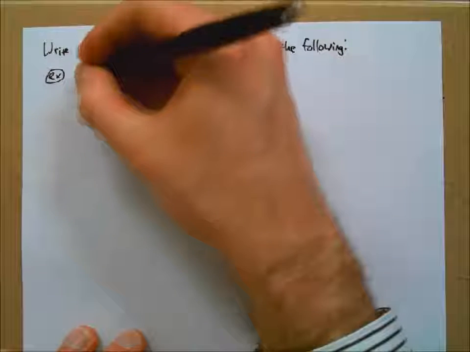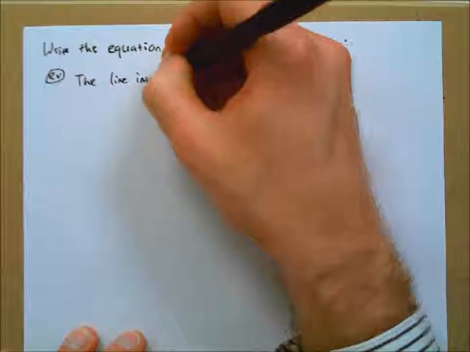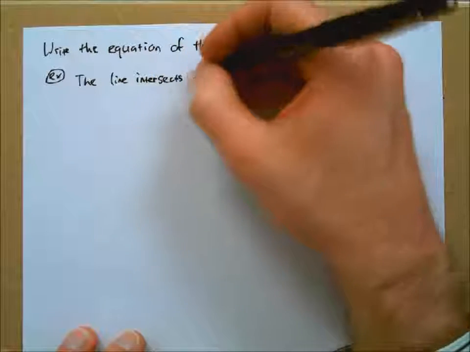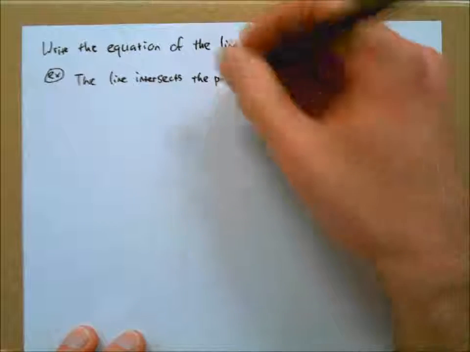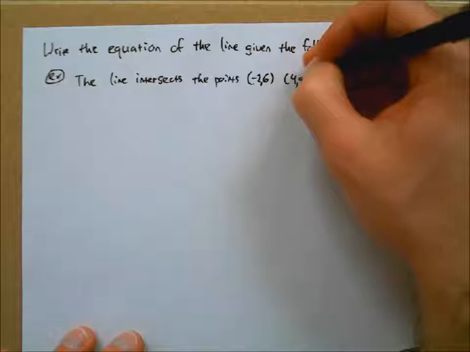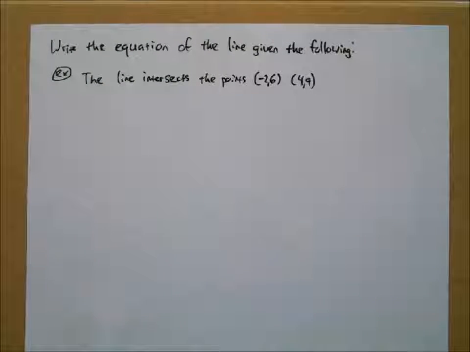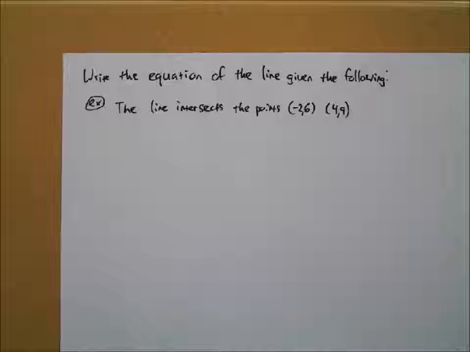We'll say the line intersects the points (-2, 6) and (4, 9). Okay, (-2, 6) and then (4, 9). All right.